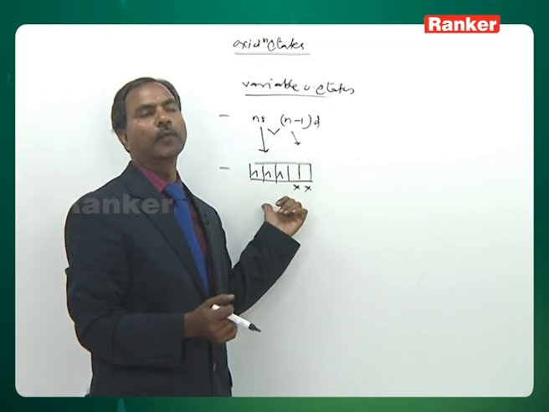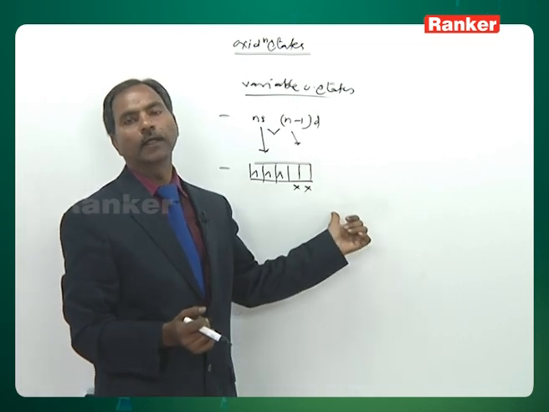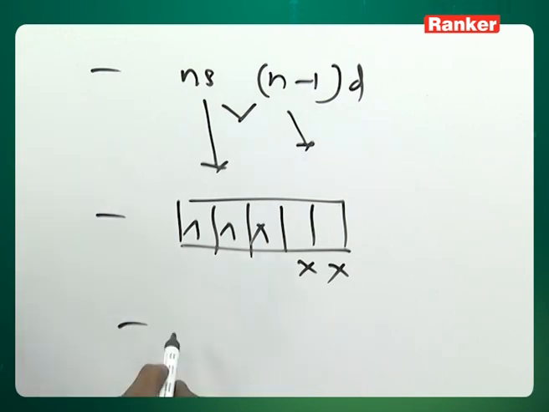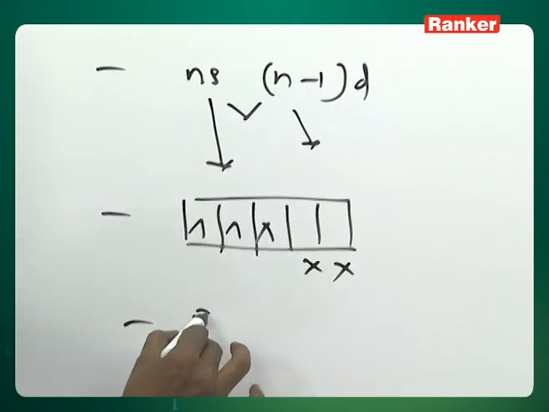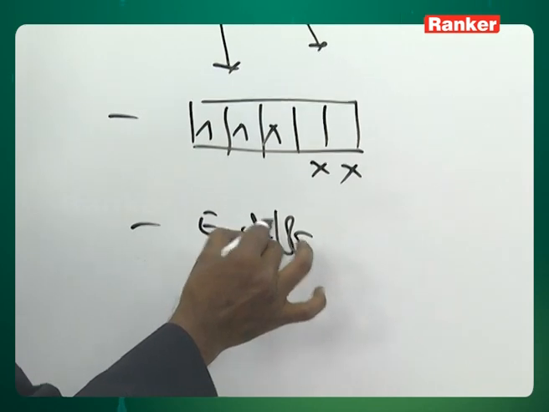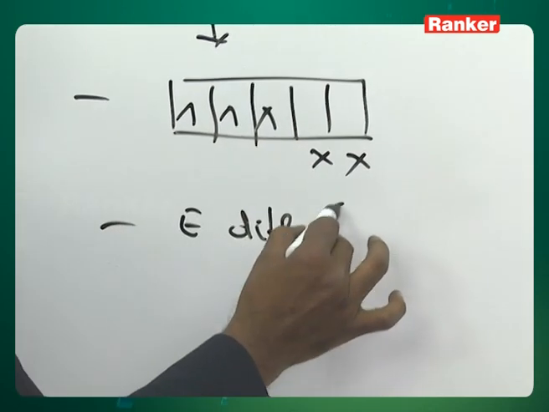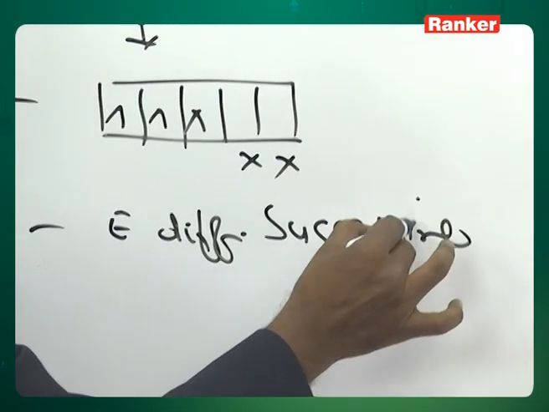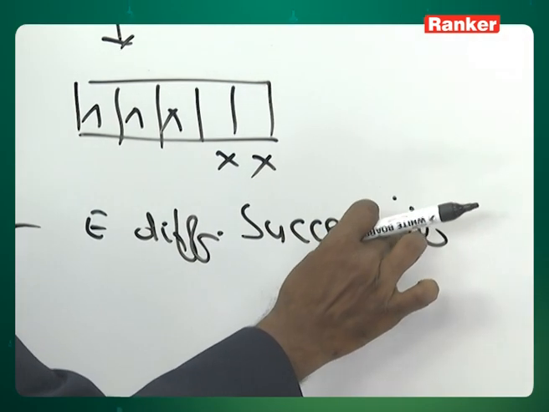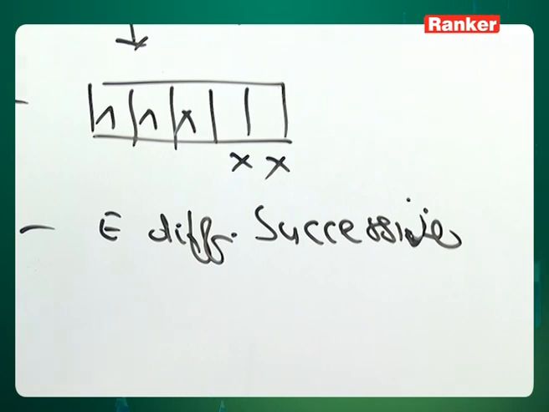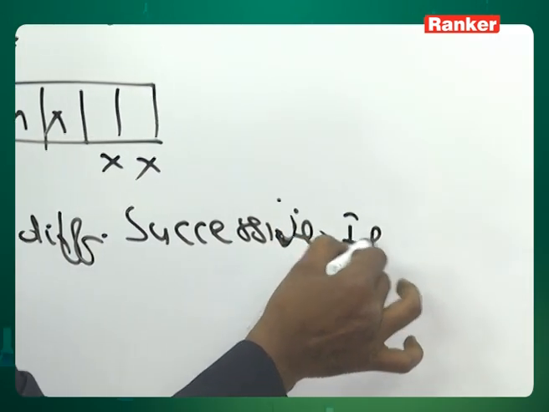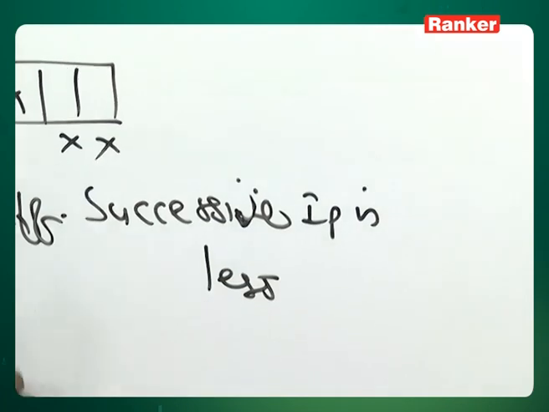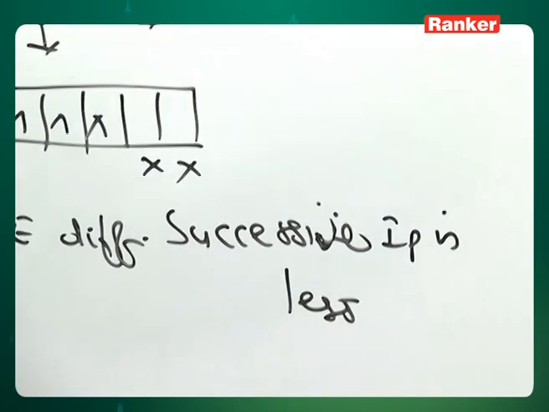Next, the third point: the energy difference between successive IP values is less.